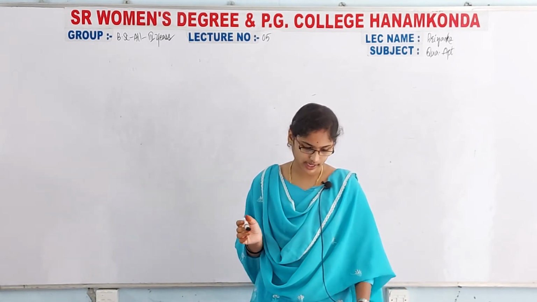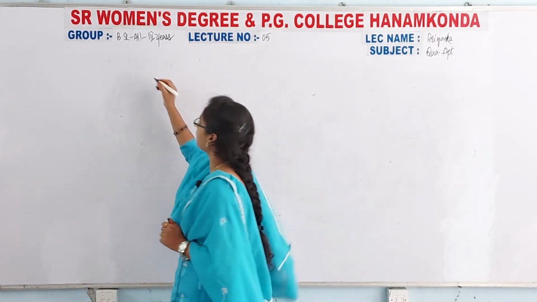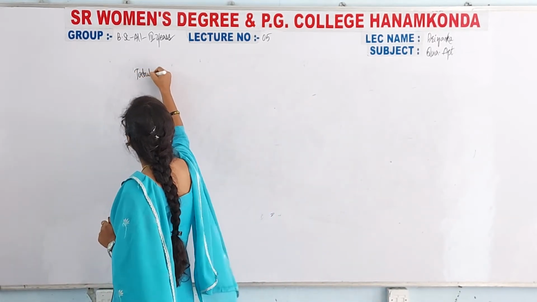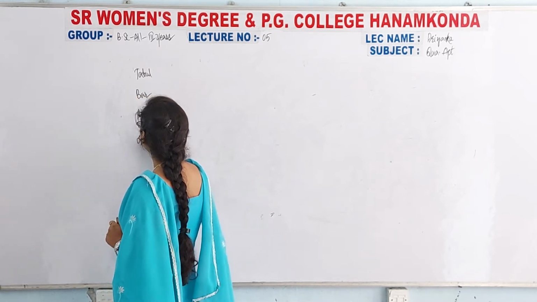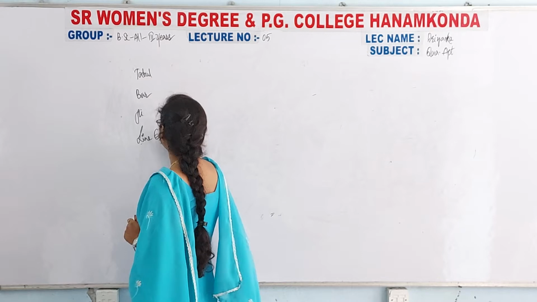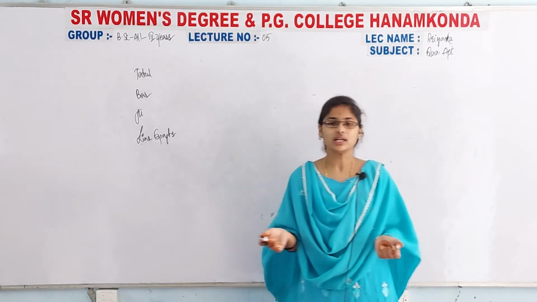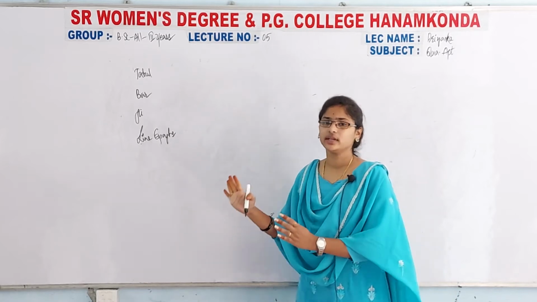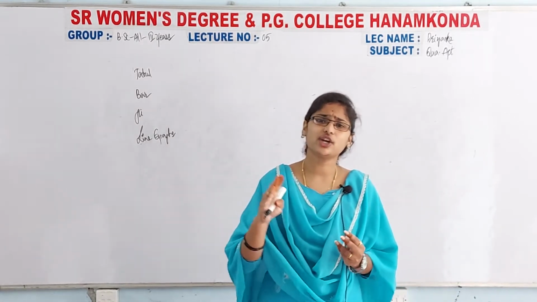Now coming to this second unit, actually in unit 2 we have tabulation, bar graphs, pie charts, line graphs. Actually in this I cannot discuss anything because for each problem they give it in a new way. So that's why you have to discuss each and every problem.